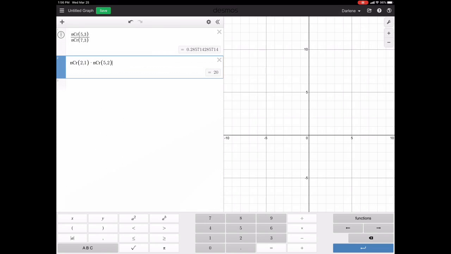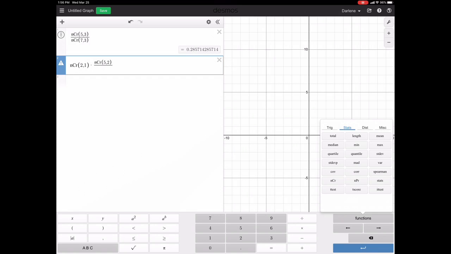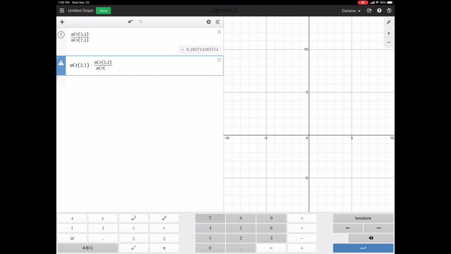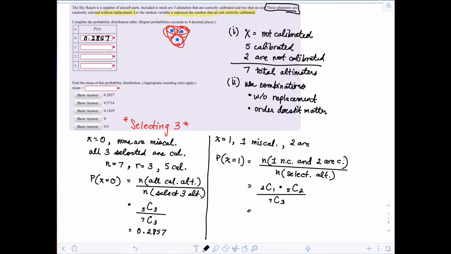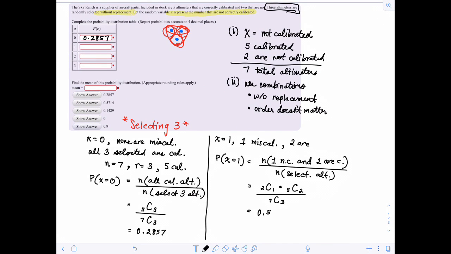And then I'm going to divide by nCr, 7 choose 3. So we use the comma to separate n and r. And we can see here that the probability rounded to 4 decimal places is 0.5714. Okay, so 0.5714.